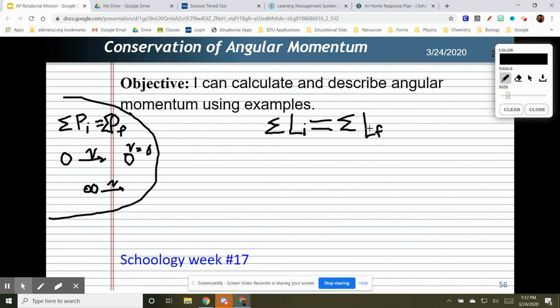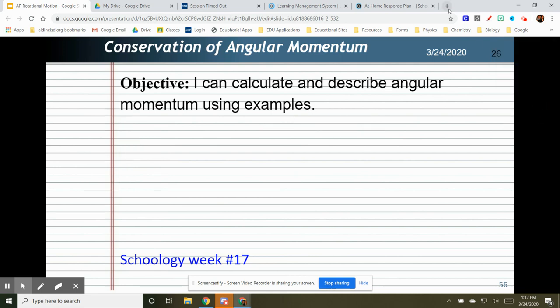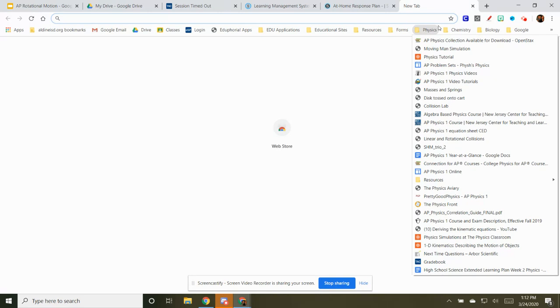One of the things I do want to go through is the derivation of how we get there. To derive it, we're going to look at our equation sheet, because we do have the conservation of angular momentum written there somewhere. Let me show you where it is.